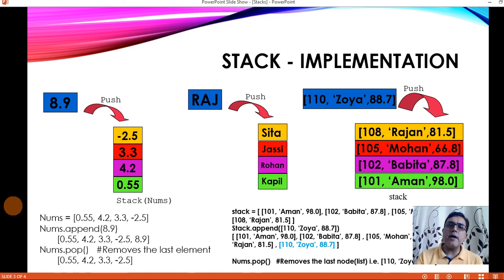From a list you can take out elements from the middle also, but because we are implementing a stack, we will not take out elements from the middle of the list. Then our stack implementation will be disturbed, and that will not be an implementation of stack. Suppose there is a stack of numbers, maintained as a list. If I have to add 8.9, that means I have to push an element in the stack.